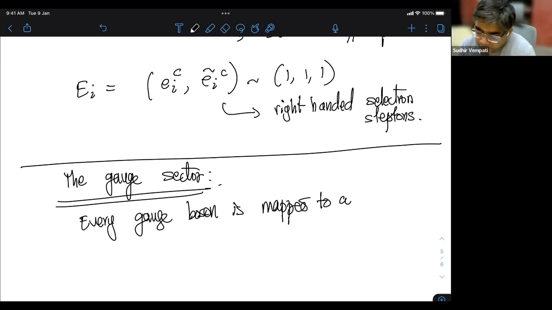Every gauge boson is mapped to a vector superfield.